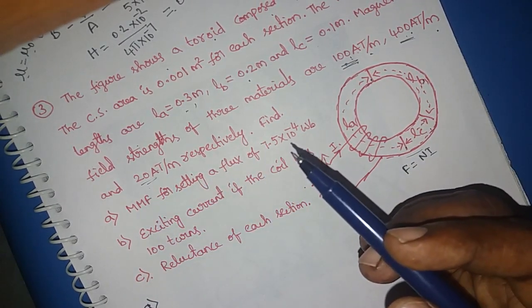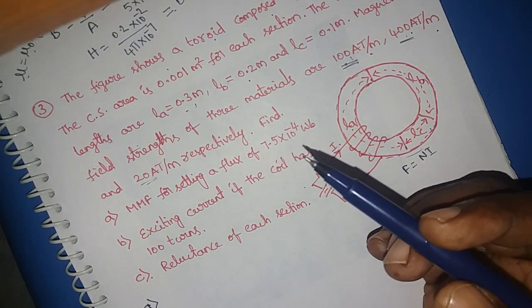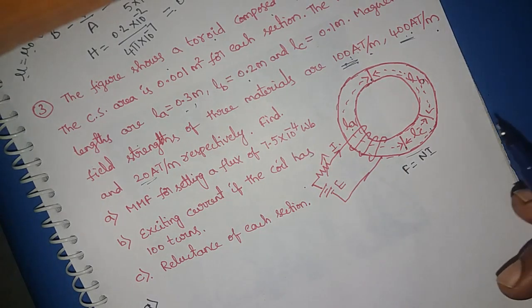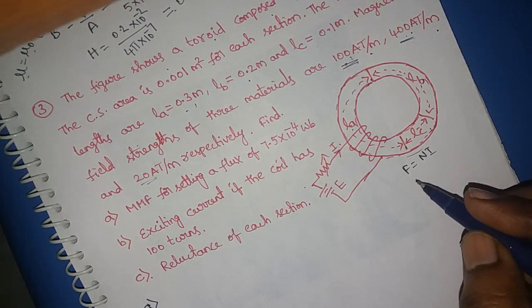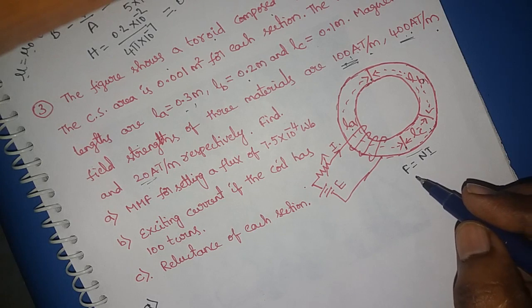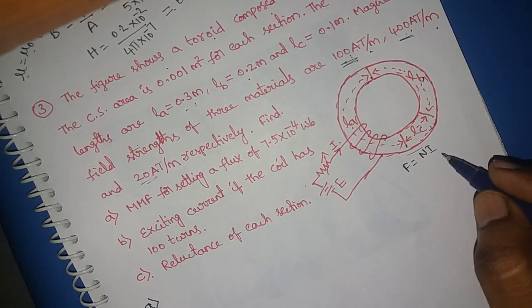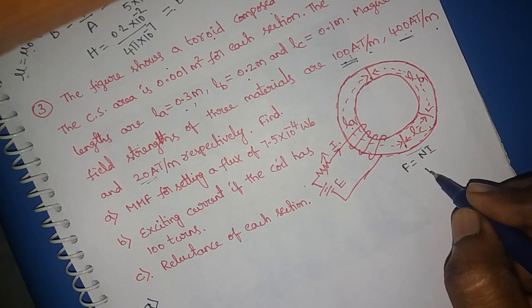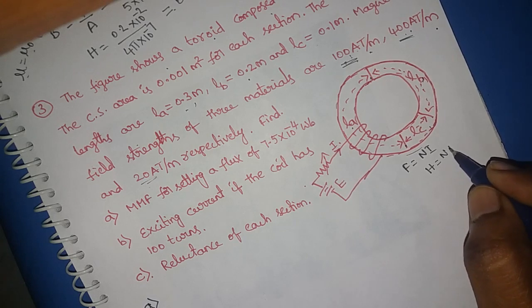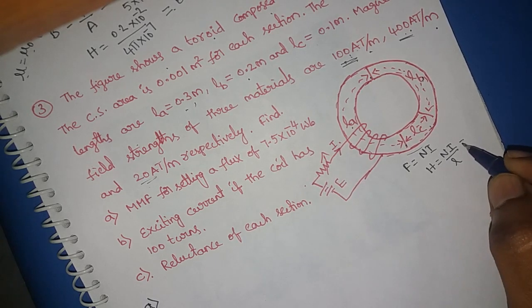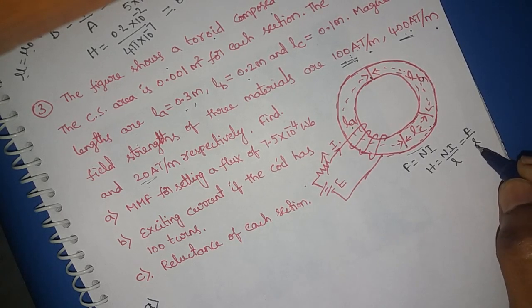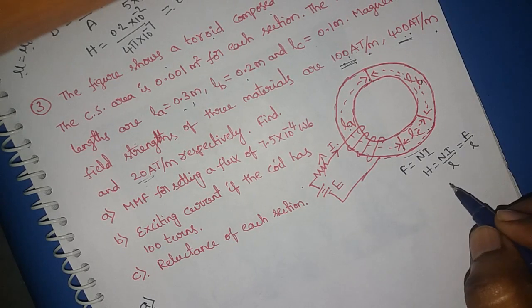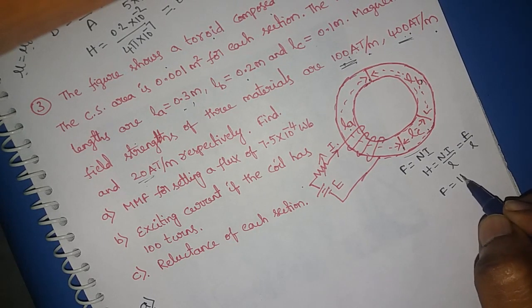If we know H of each section, then H is equal to Ni by L, or F by L. From this equation we can write F is equal to H into L.